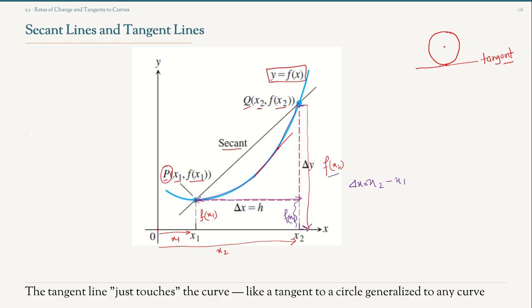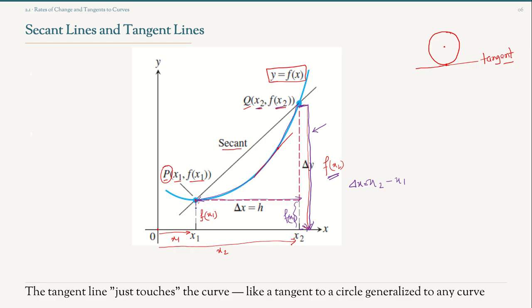Notice here. What is the total change here? If we consider the movement first, what are the coordinates of Q? That is x2, f of x2, right? So this value is f of x2, right?